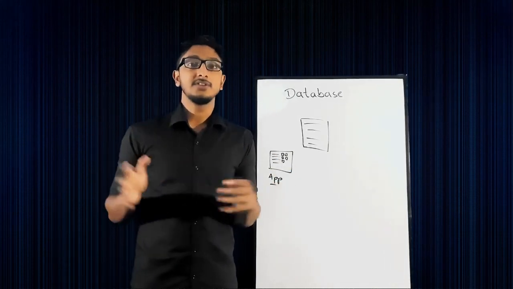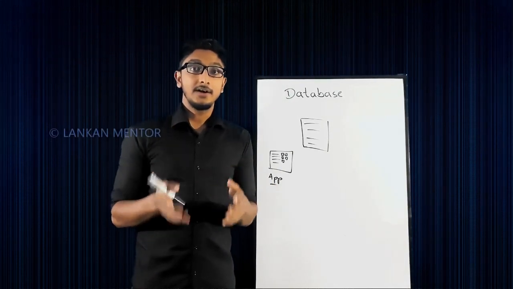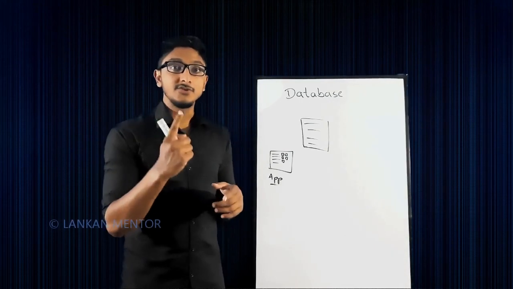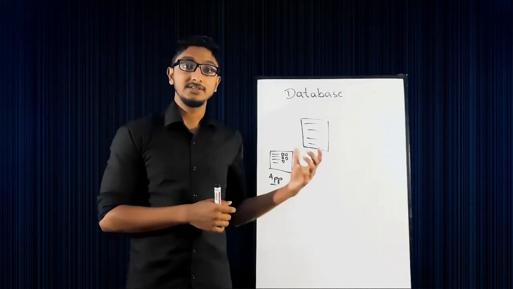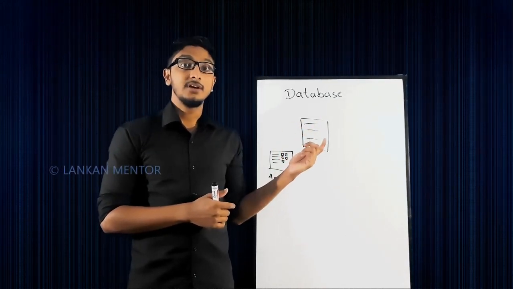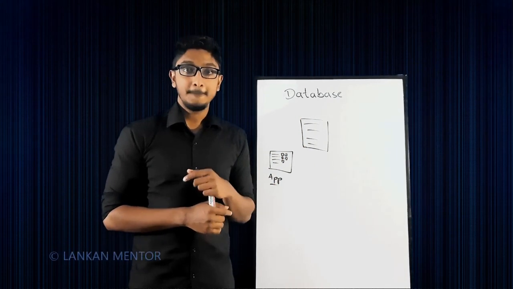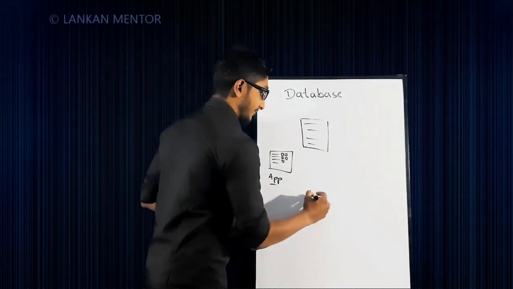So each and every teacher will be updating their data, but all of these data will come into one database, right? This database is stored in the office computer, right? So that computer will be called the server computer.